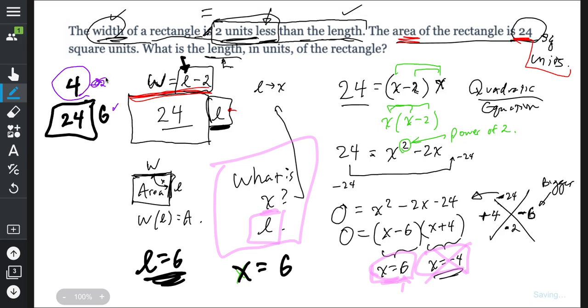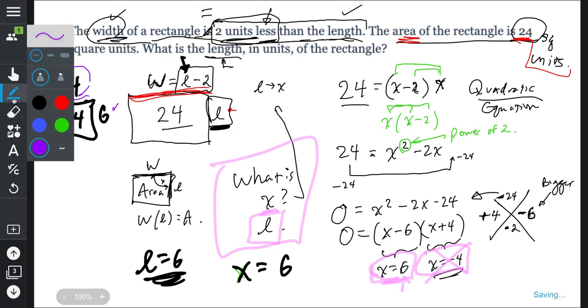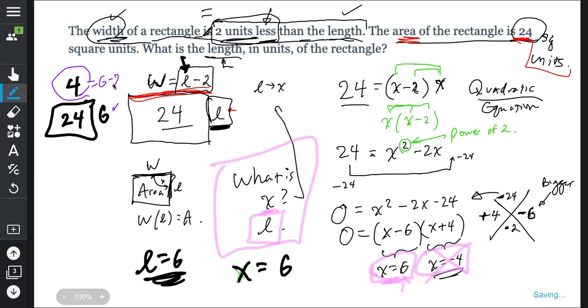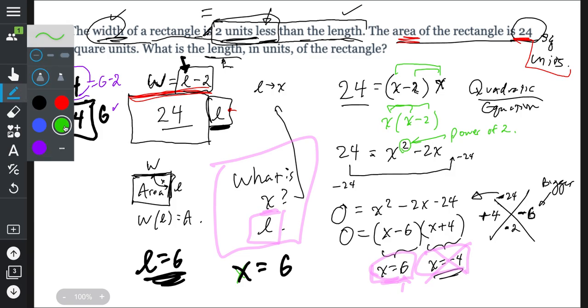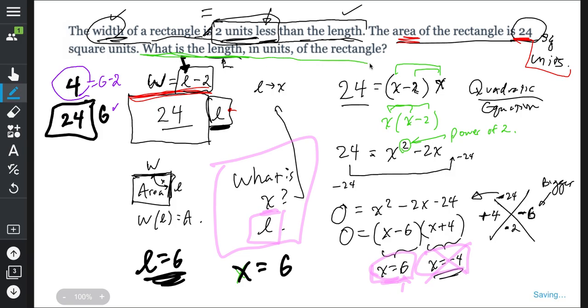It all is the same as 6, which is the length, equals 6 minus 2. In Delta Math, you're going to answer the question, what is the length in units of the rectangle? The length is 6.